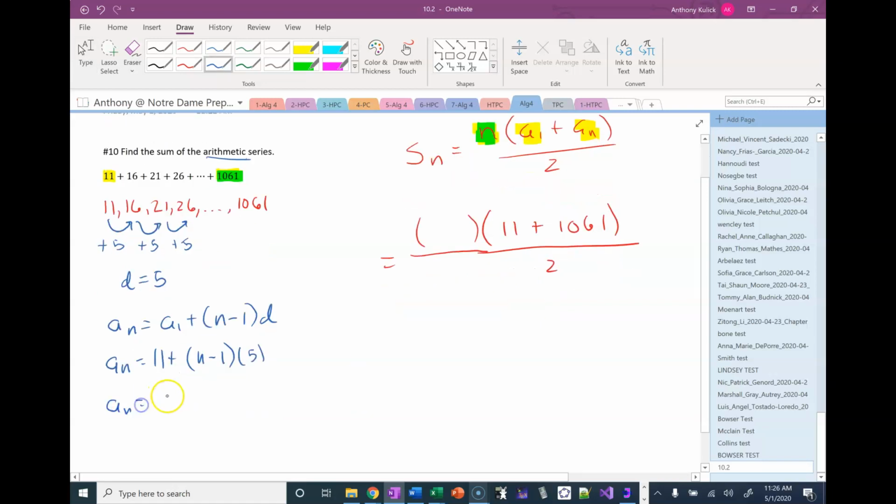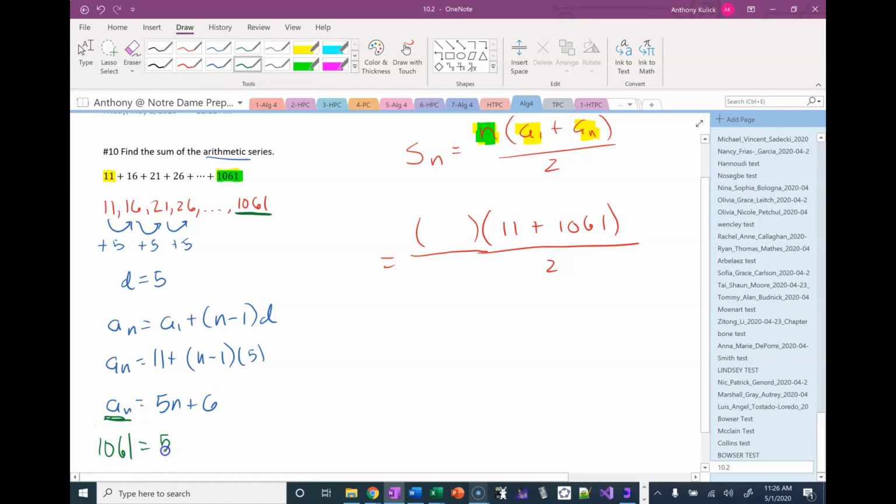So my formula for my arithmetic sequence, when I distribute the 5 through and combine like terms, is 5n plus 6.